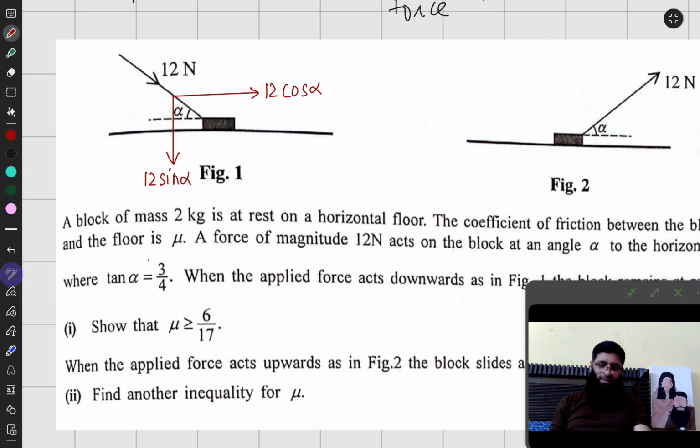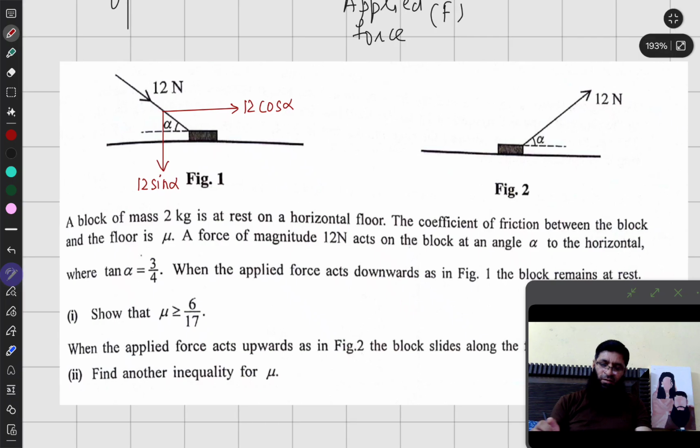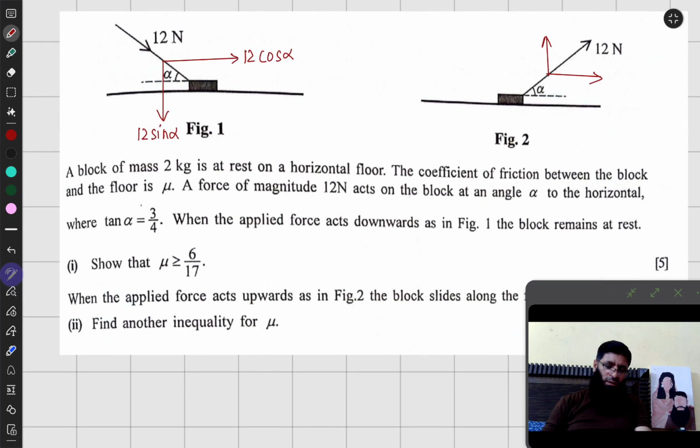Because you can see that the force is acting downward, its vertical component will be downward. Otherwise, in the other case, the vertical component will be upward and the horizontal component will be forward in both cases. Anyways, we are solving figure 1 right now.